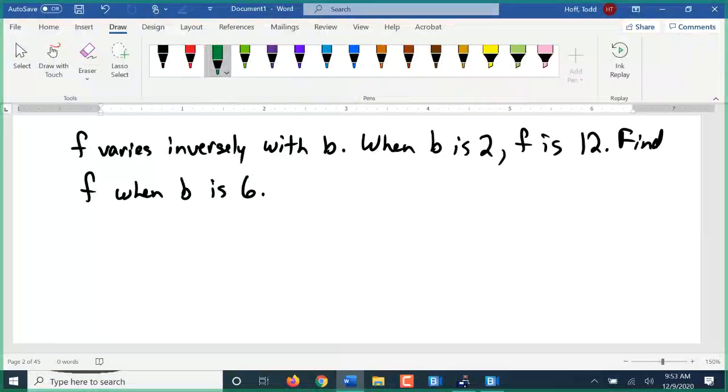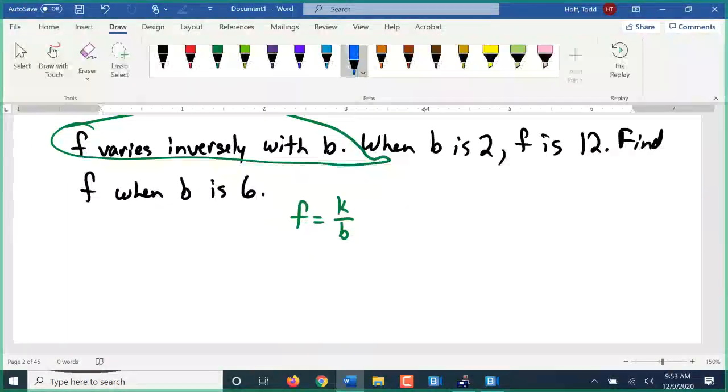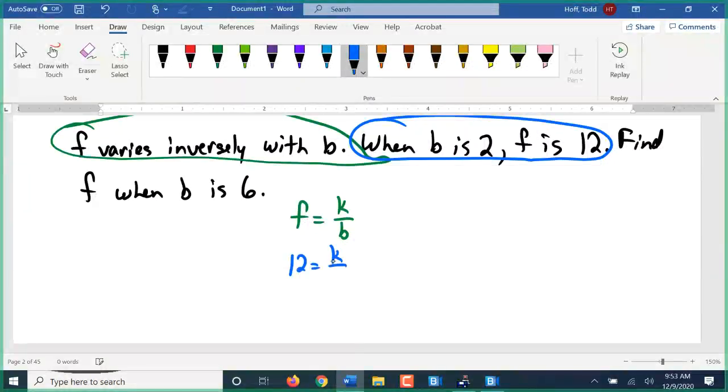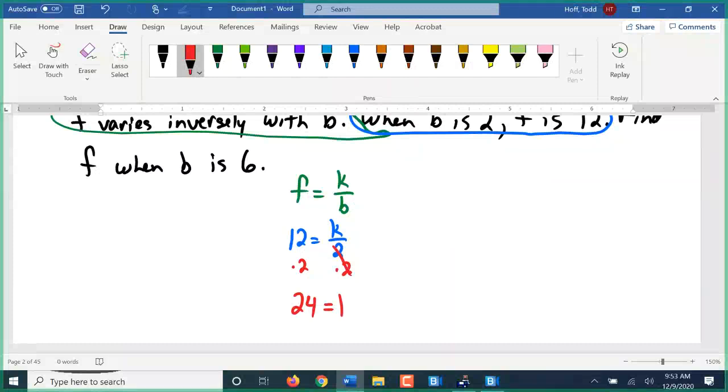So our relationship here exists. F varies inversely with B. That's saying F equals a constant divided by B. We have our second piece of information, or our known condition. When B is 2, F is 12. So F is 12, B is 2. And we can solve for K. So I'm going to multiply by 2. 12 times 2 is 24 equals, on this side the 2's just cancel out, I have K equals 24.